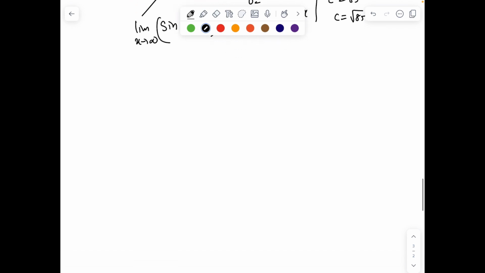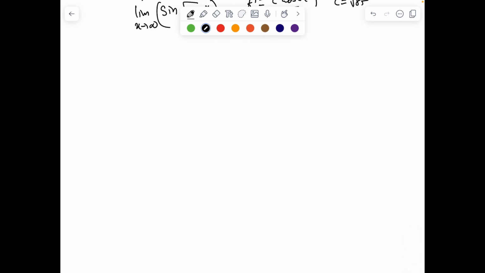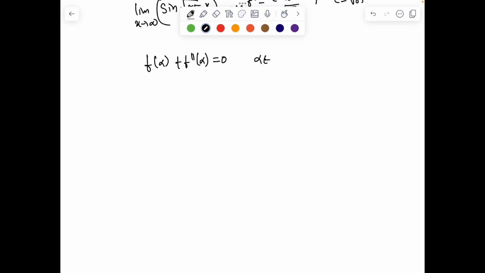Okay, now possibly a hint of this can come in two ways, because usually if we have a problem where we have to show the existence of f alpha plus f double dash alpha equals 0 for some alpha from minus 4 to 4, we will be tempted in this way, right? We can define a function, usually fx plus f double dash x.